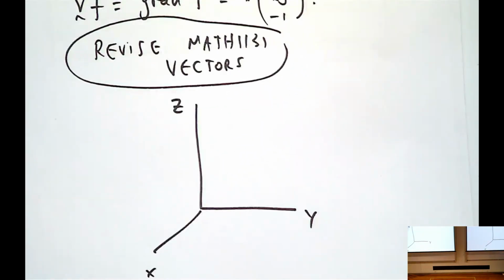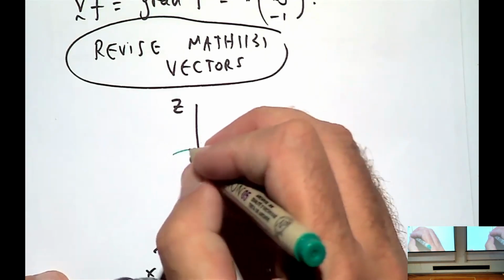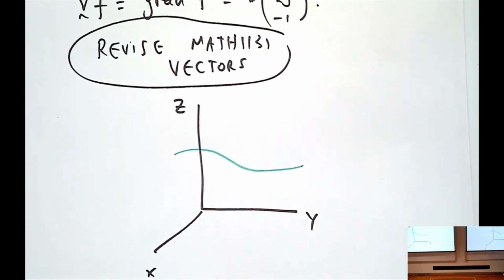Okay, let's say I'm in 3-dimensional space. And instead of a surface, I'm going to have a curve. Okay? So you can think of this as being simpler than a surface. All right? So to get a curve, let's form a whole set of points. Okay?